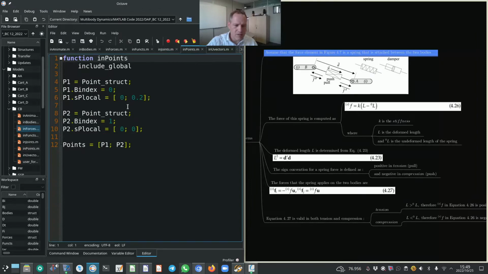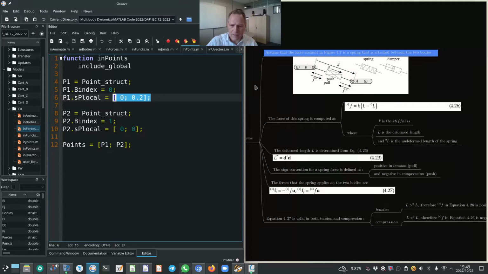Alright, so point 1 is on body 0, which is ground, and it is at coordinates 0 in the x, 0.2 in the y direction.